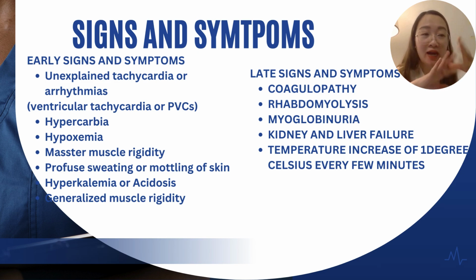Coagulopathy or DIC. DIC means disseminated intravascular coagulation. Because of these recurring complications like hyperkalemia, acidosis, hypercarbia, there is a disruption in the coagulation pathways of the body, leading to DIC.